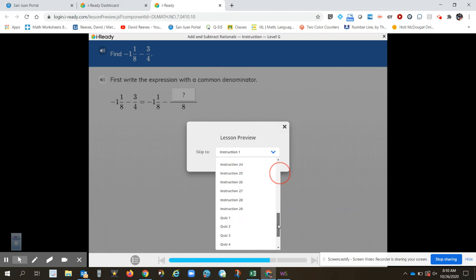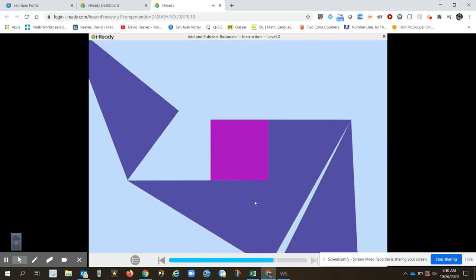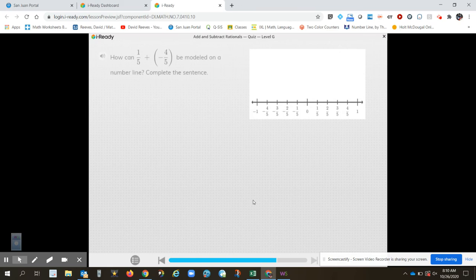Let's see if we can do 29. All right, and this will be the last one. Oh, all right, I thought we were going to be at a decimal, but I guess not. All right, so how can we model? This is back to where we started again. All right, so I'm going to go ahead and let you guys do the rest on your own.